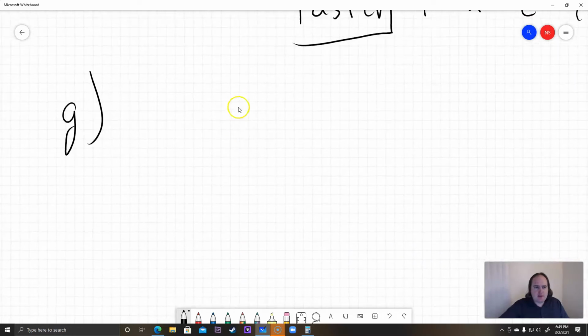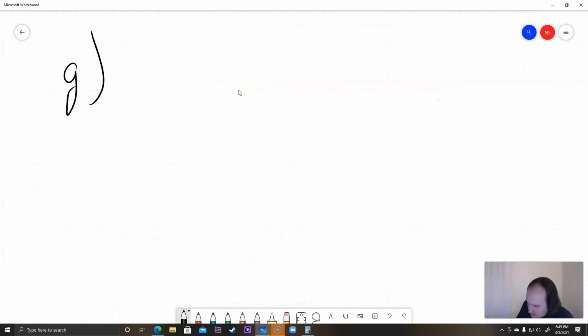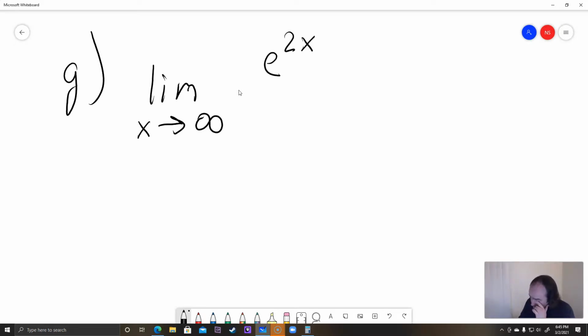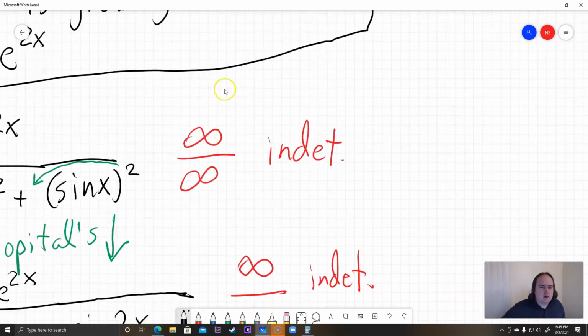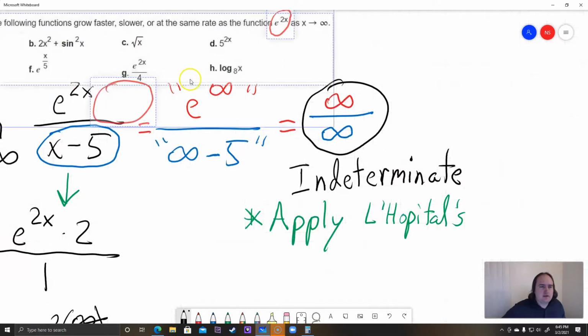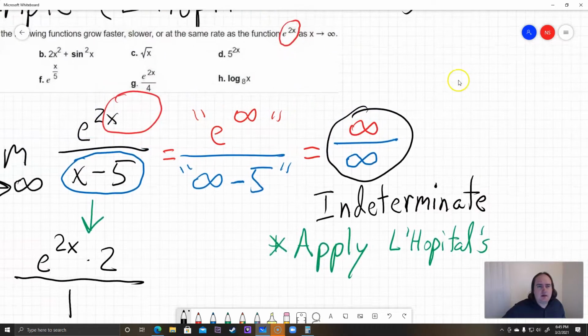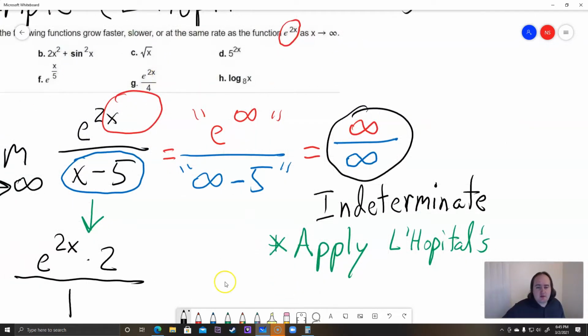So for part G, we're comparing the growth rate using an infinite limit, and our numerator is going to be e to the 2x, and our denominator is going to be e to the 2x over 4.